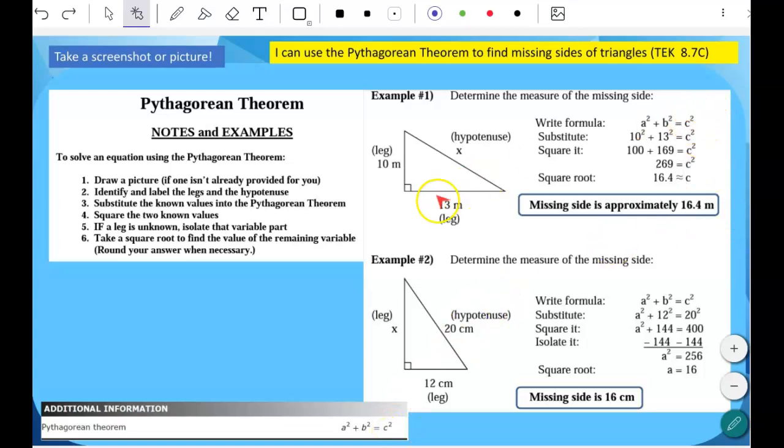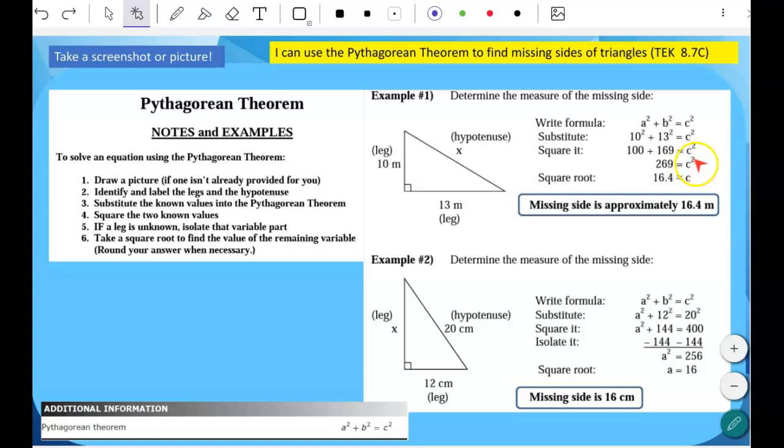So here's example 1. You have this leg is 10, this one's 13, and we're finding the hypotenuse because it's across from the right angle. So you have your formula, you substitute in the values, and then you square those. 10 squared is 100, 13 squared is 169. You add those together, that is c squared.